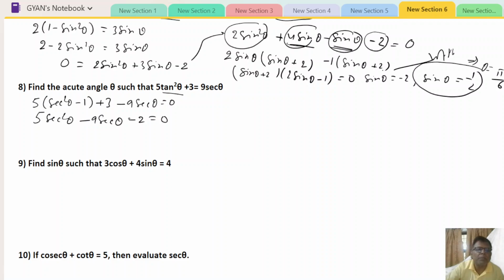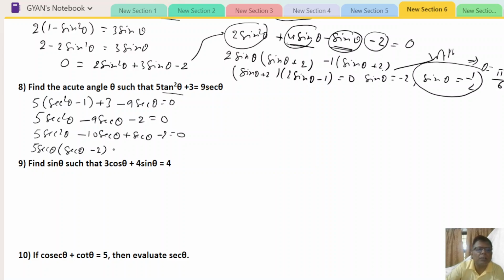Now you multiply, this should be minus 10 sec square theta. So you split it in such a way that one has to be minus and one has to be plus. So 5 sec theta common, then it will be sec theta minus 2.